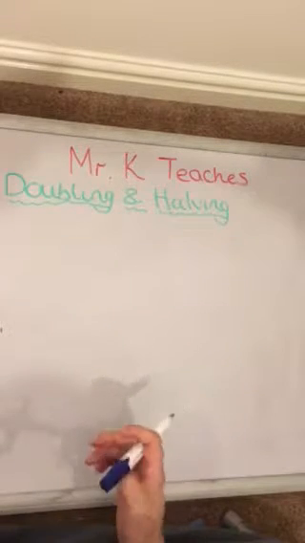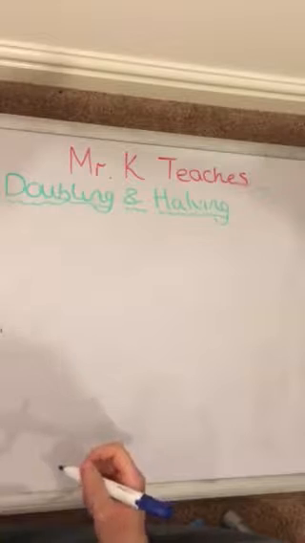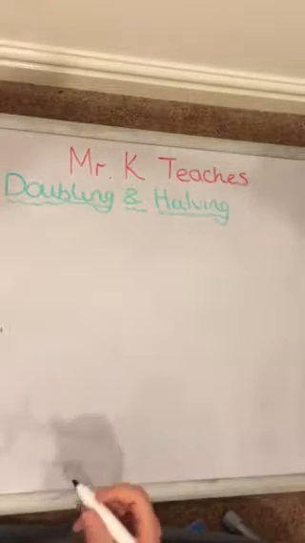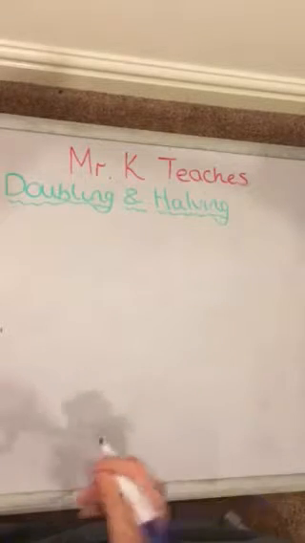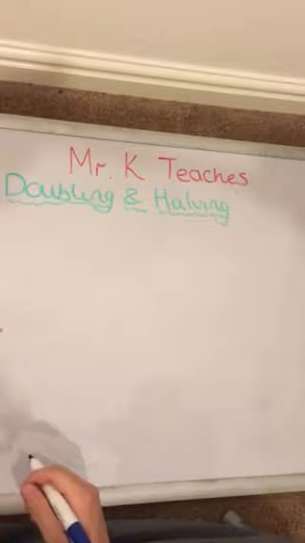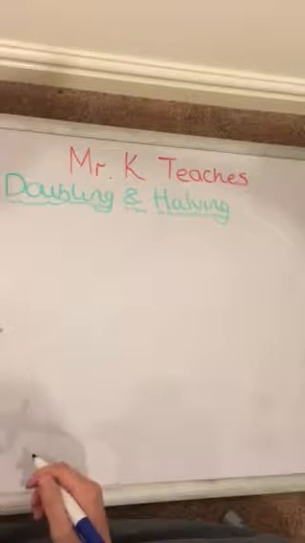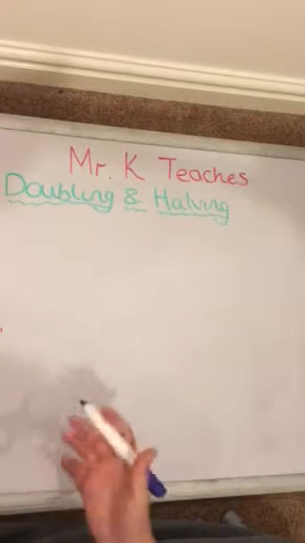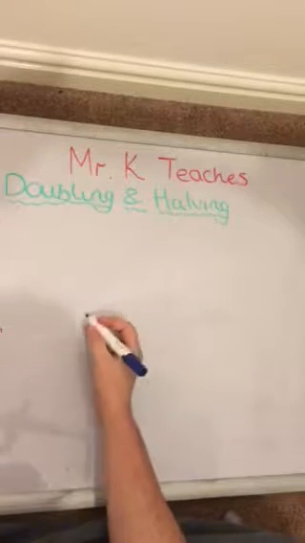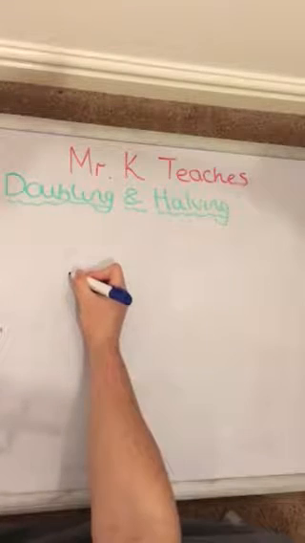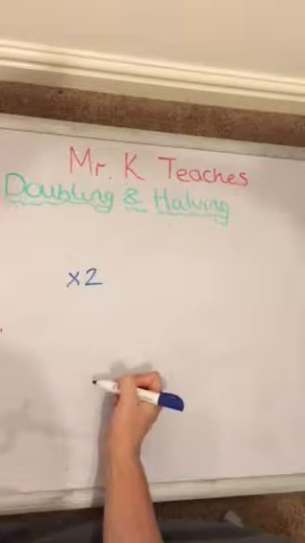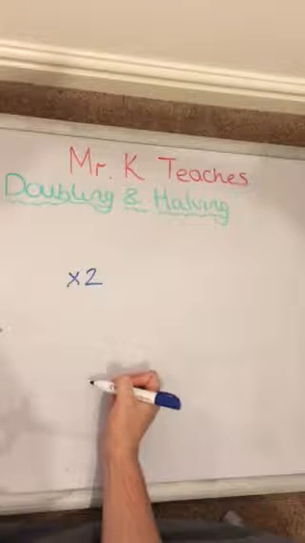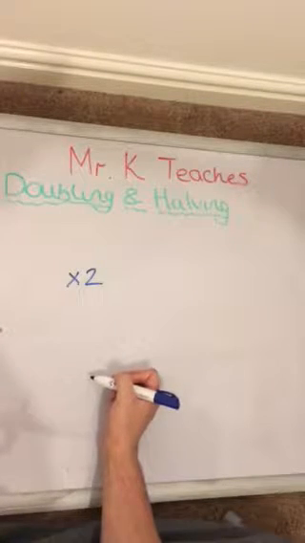Now we're going to start with doubling first, one of my personal favourites, because it is easy peasy. When you double a number, you are actually doing two things, really. You are either timesing a number by 2, or you are adding your number to itself.